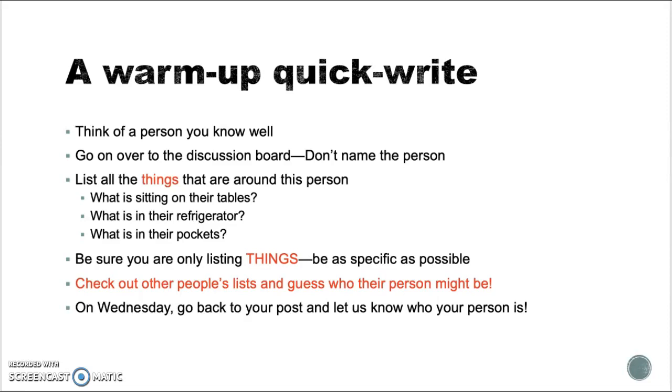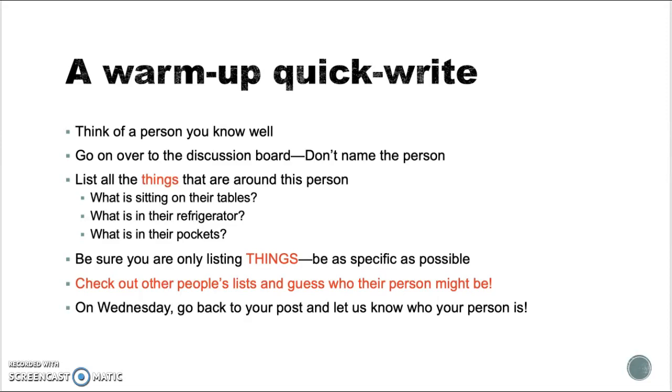And Sally Fields is a famous actress, I know. But you won't know their names, but you might know who they are. Like, this sounds like a grandmother or an aunt or a best friend or whatever. So we'll just do some guessing and see if we can figure it out just by listing the things. It's just a little fun, quick write.